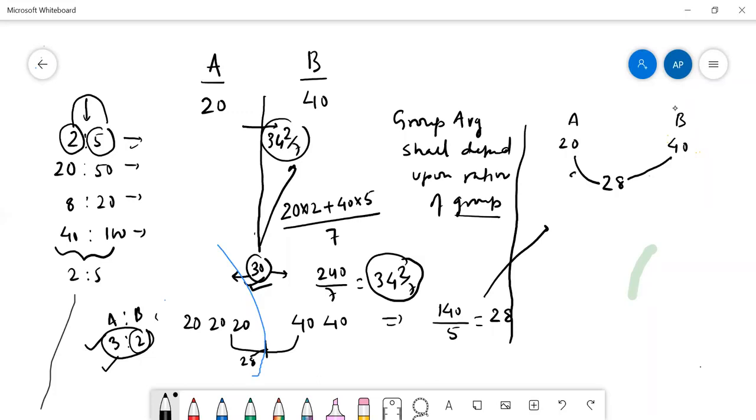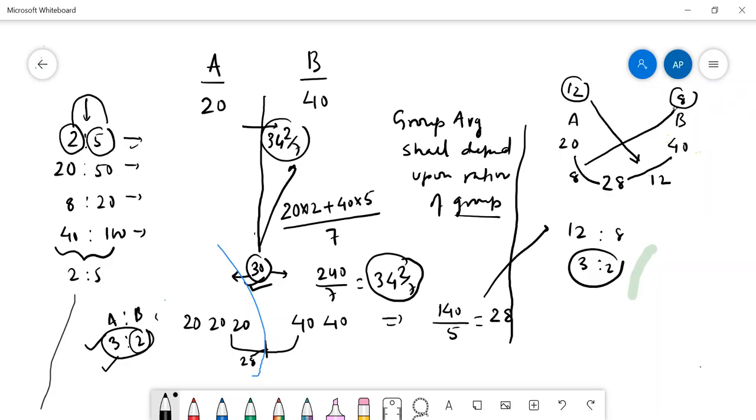The difference between 20 and 28 is 8, and 28 and 40 is 12. What I said to you was, the 12 will denote the number of students in A, and this gap will denote the number of students in B. So the number of students will always be in this ratio, 12 is to 8, which is 3 is to 2. Did you get my point?